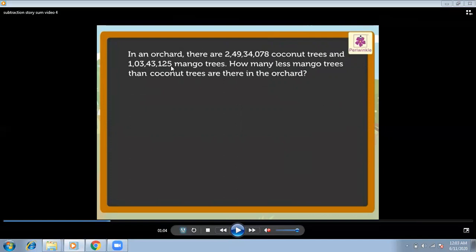Already it's clear that mango trees are less than coconut trees, but you have to find how many less mango trees than coconut trees. And I already introduced the terms. If the term less than is used over here, it is understood that the operation to apply is subtraction. Here it is how many less? It means you have to use the operation of subtraction.